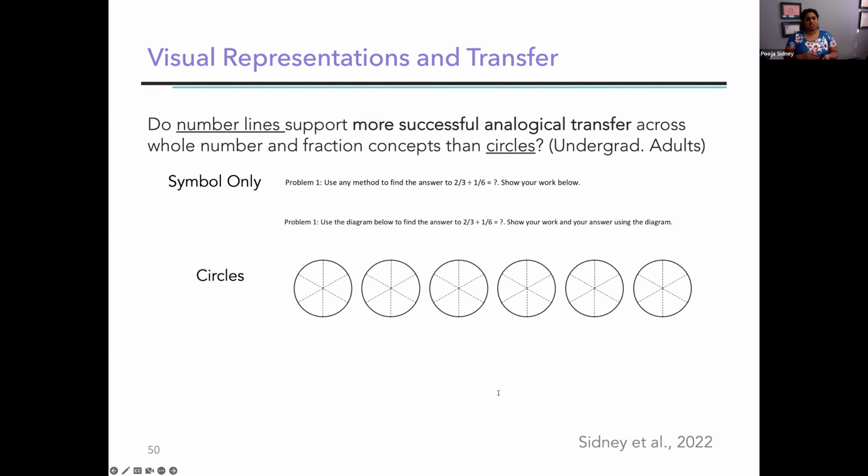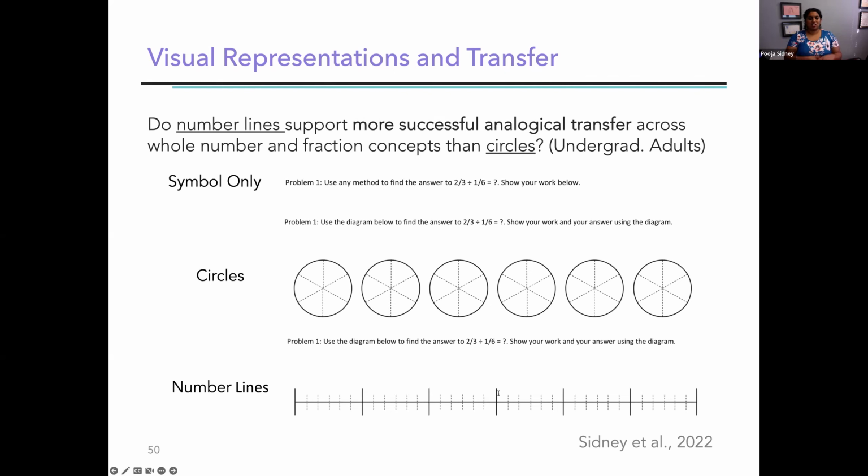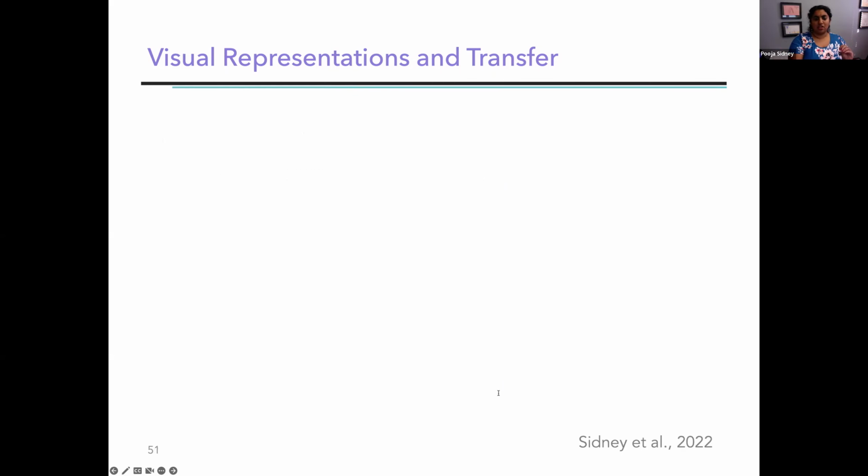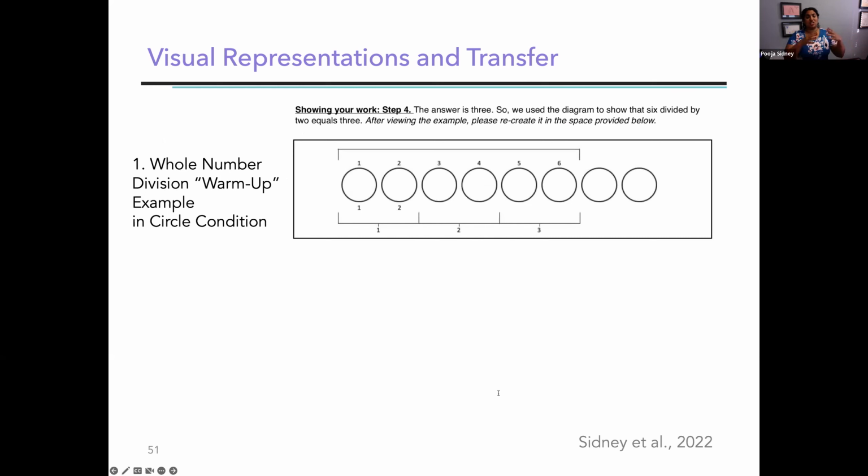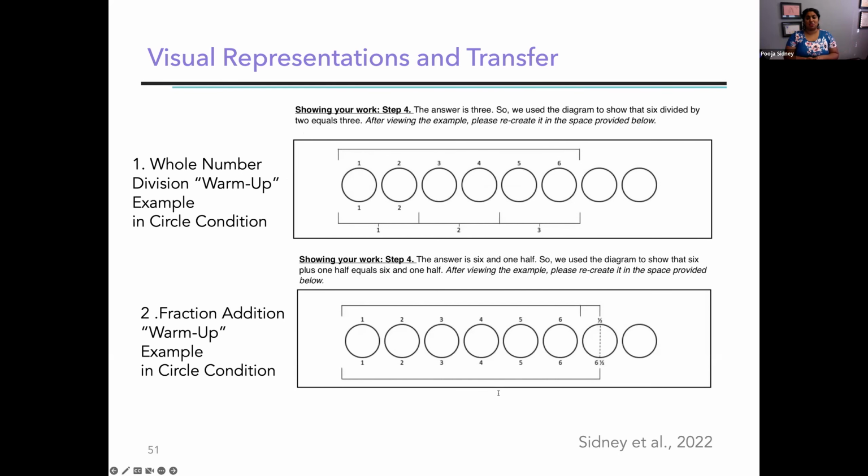There was a circle condition in which participants were asked to use circles, and then finally a number line condition. So this method was really similar to what we had done with kids, but it also included manipulating the warm-up as well. So some participants warmed up with whole number division, as in the other 3 studies that I showed you today, but then others warmed up with fraction addition.